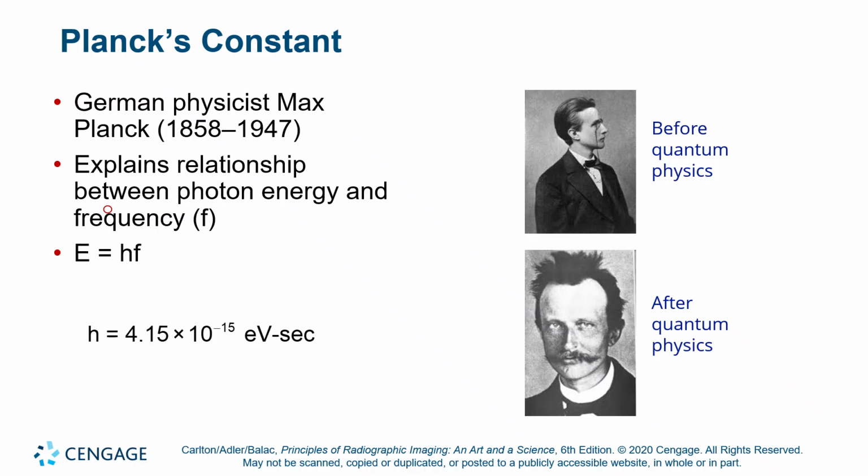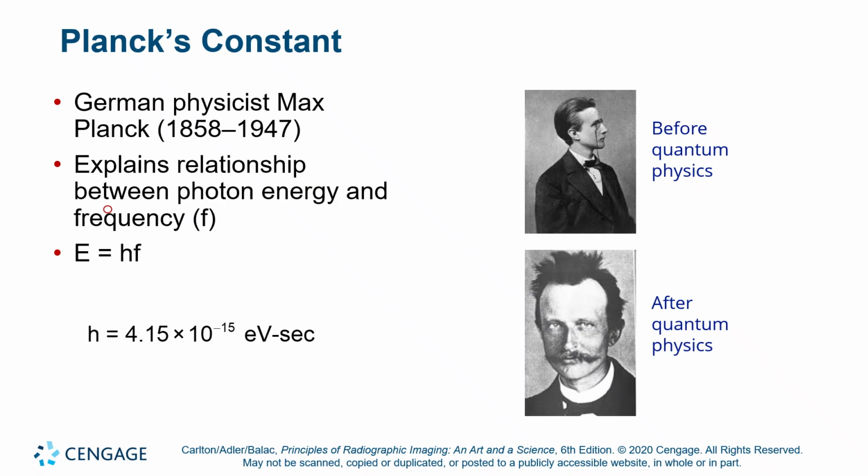And so the energy that a photon possesses is equal to Planck's constant, which is that number there at the bottom, times the frequency of the photon. Okay? And so when light emits energy, it does so in tiny little chunks, which Planck called quanta, okay? Which means tiny little finite packets of energy, not a continuous stream of energy, okay?